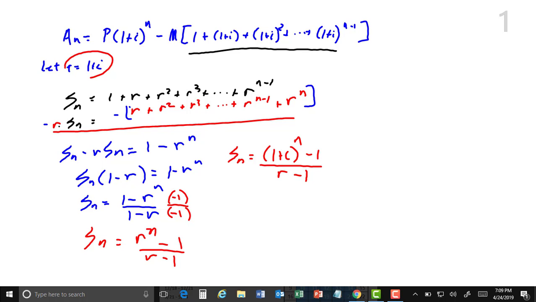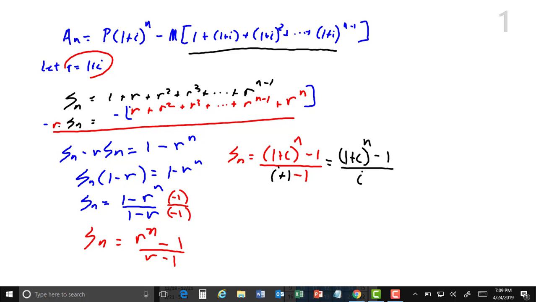Okay, so anyway, we have to replace what this is, right? I'm replacing r. And what am I replacing it with? I'm replacing it with i plus 1, you see? I plus 1 minus 1. So that this guy is going to be equal to, finally, 1 plus i raised to the n minus 1 divided by just i, right? Because you have plus i minus 1 plus 1.